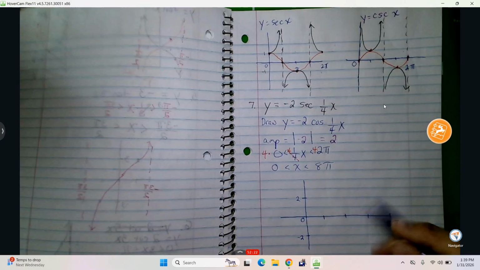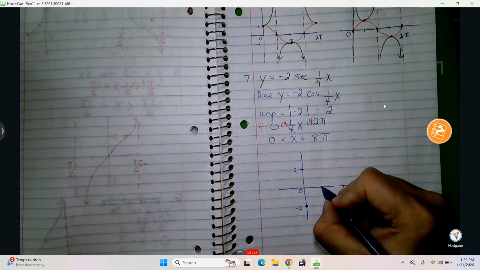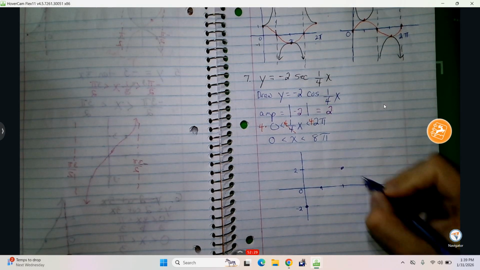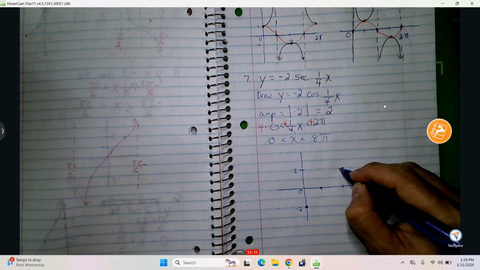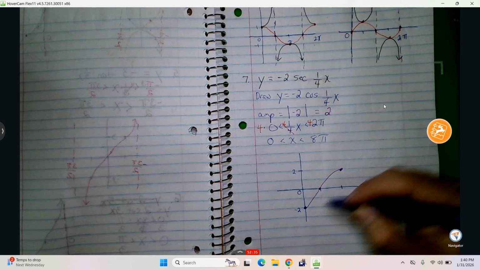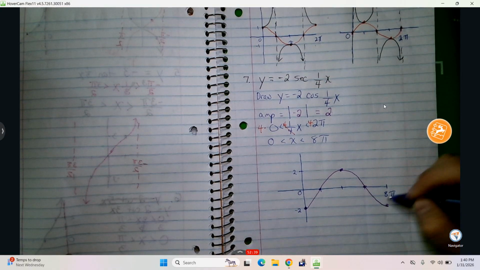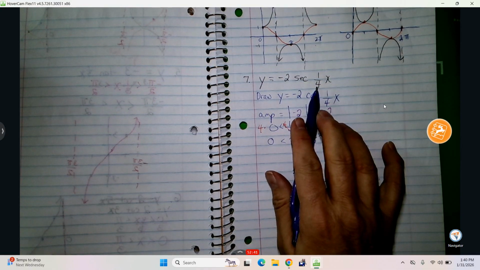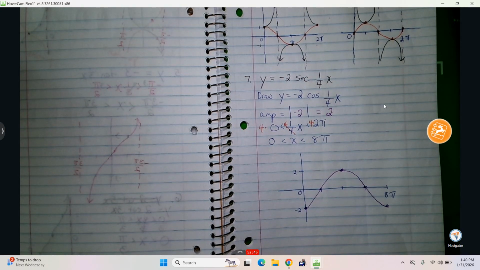So let me sketch that in. It's going to start here. 1, 2, 3, 4, 5. So it looks something like that. This is just the graph of -2 cosine 1/4 x.